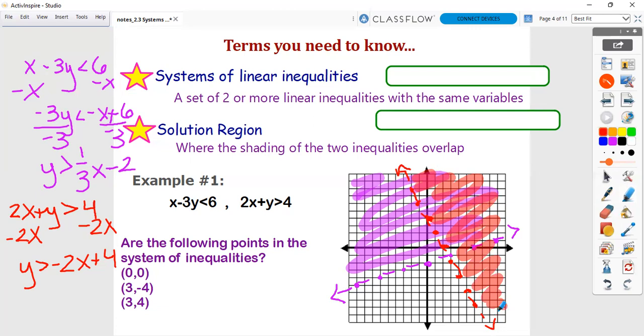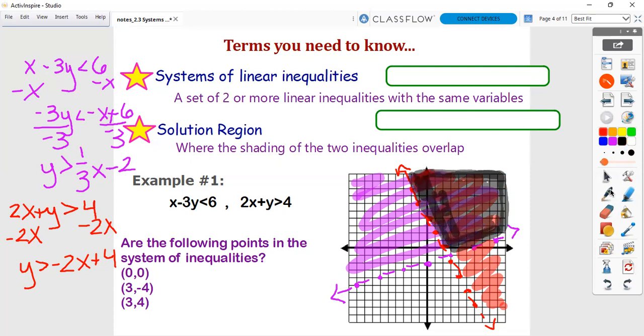So now I'm going to go back and really darken the region where our two shadings have overlapped, which is up here on the right, upper right corner of both of these inequalities. And remember, it continues beyond what it shows in our graph. But that dark region I just shaded is now our solution set to our system of inequalities.